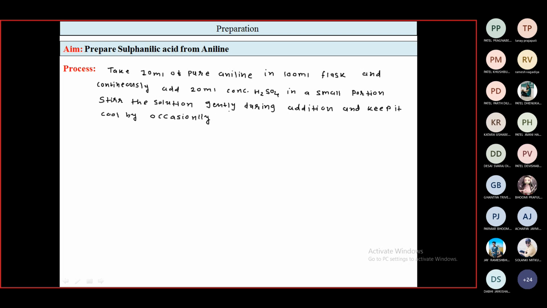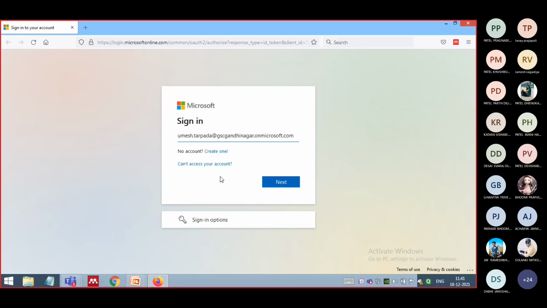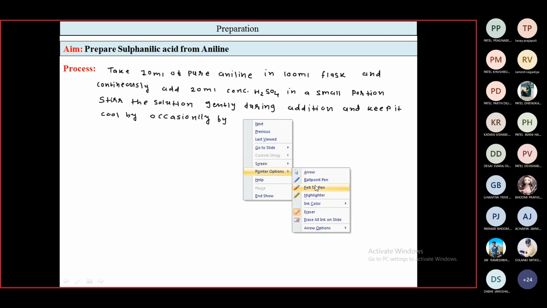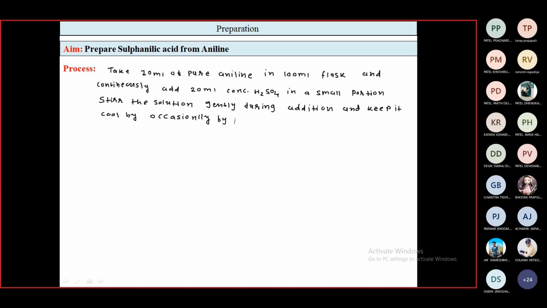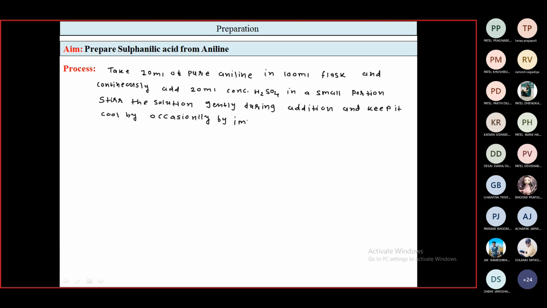That is possible by immersing the flask in cold water occasionally.